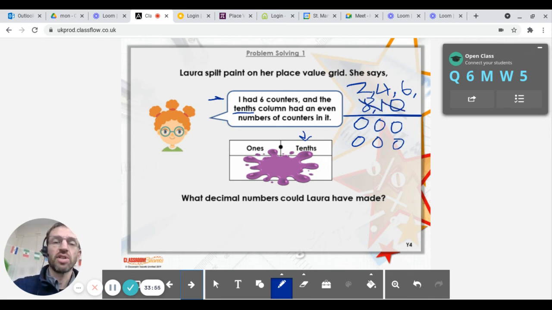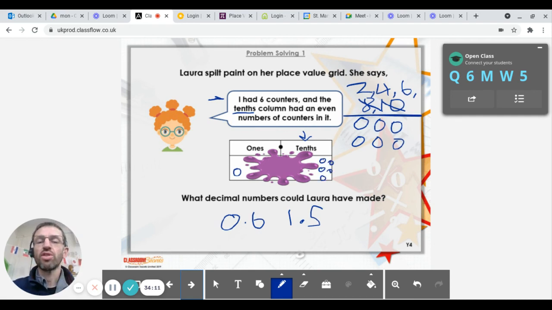So we could have 0.6, or we could have, I was going to say 1.5. If they put 1 counter over here and 5 over there, but that's not going to work because you have to have an even number. An even number, not an odd number, an even number of counters in there.